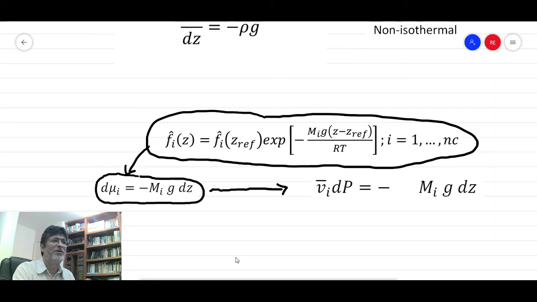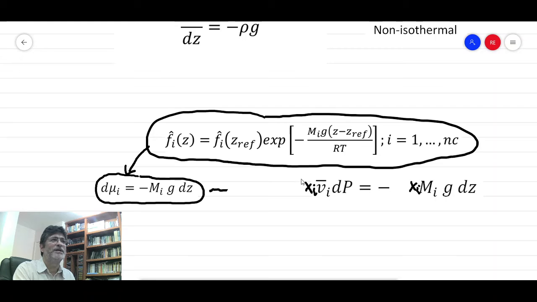Now you can multiply both sides of this equation by the mole fraction of component i.